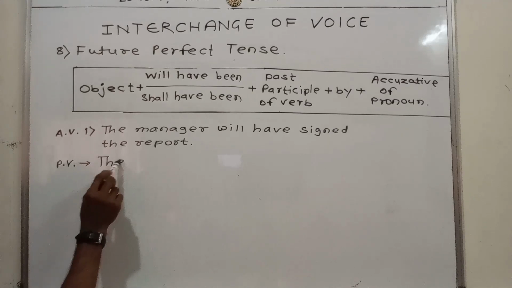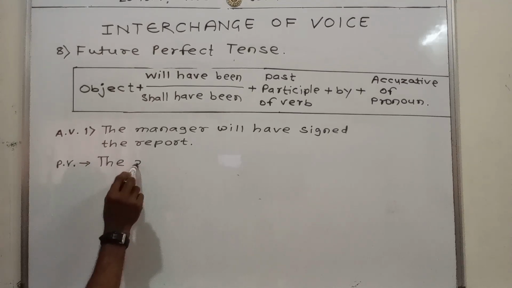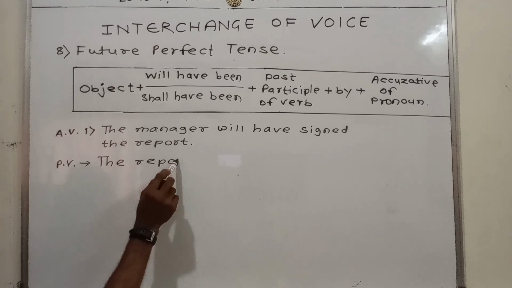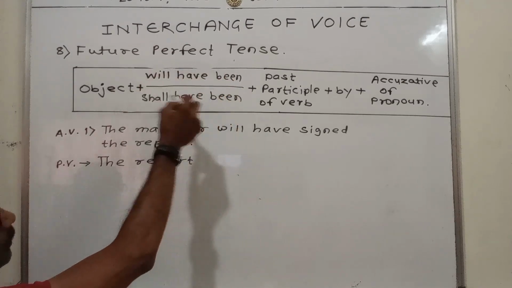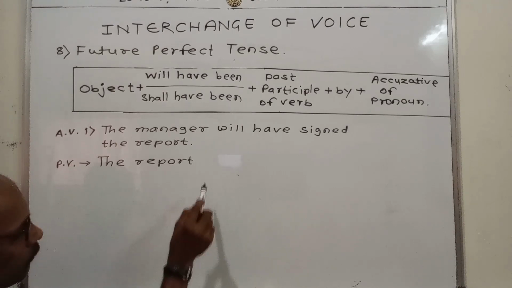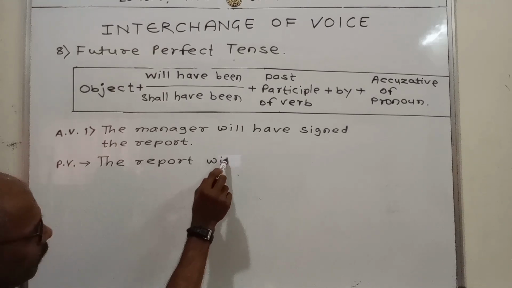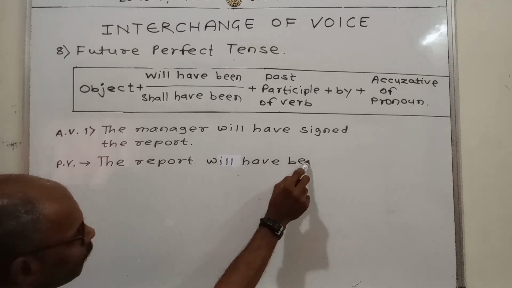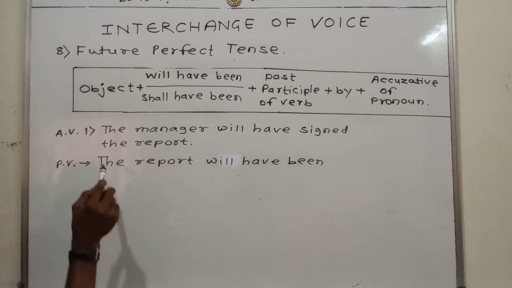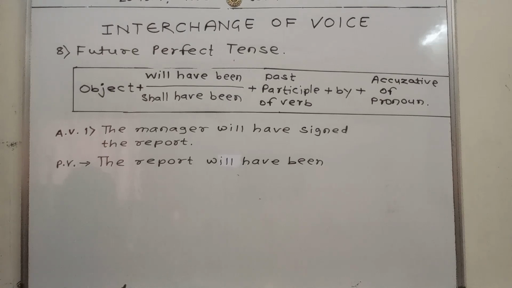Therefore, we start with the report. Then will have been, shall have been. When it is I or we, then we write shall. Did you get it?